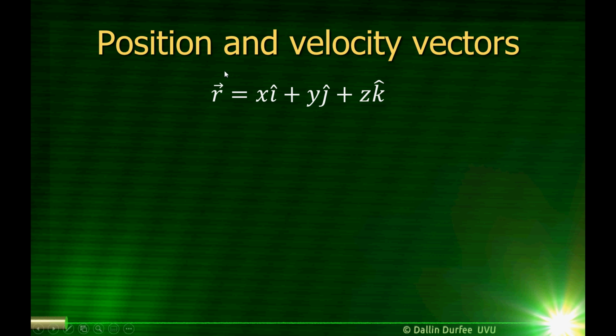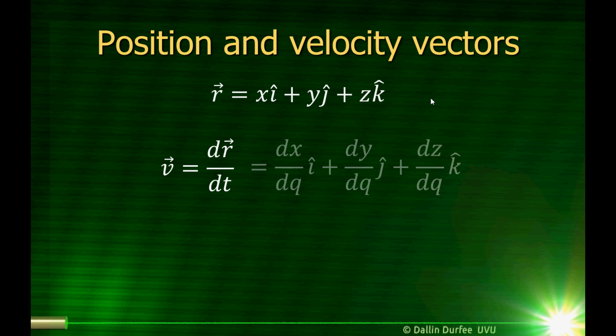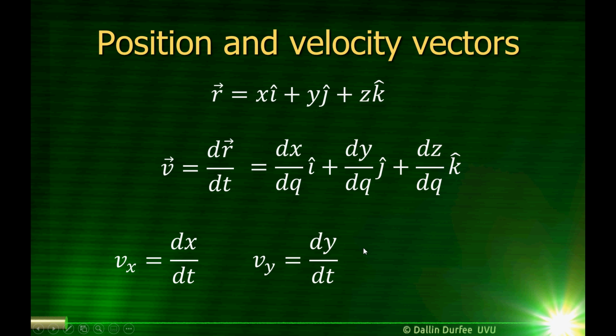So for example, if I have the position of an object, r vector, which has an x component, a y component, and a z component, the velocity is just the derivative of position with respect to time, which is dx dt times i hat plus dy dt times j hat plus dz dt times k hat. Sorry, those should be dt's, a typo. So the x component of velocity is just the thing that goes with the i hat, which is dx dt. The y component of velocity is dy dt, and the z component of velocity is dz dt, which makes sense, right? The z component is how z changes with respect to time.